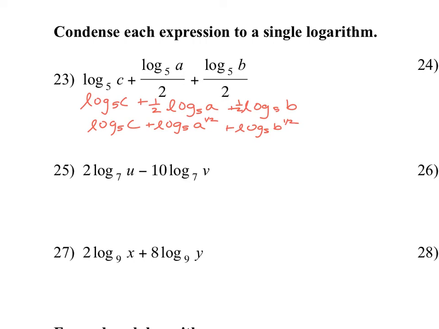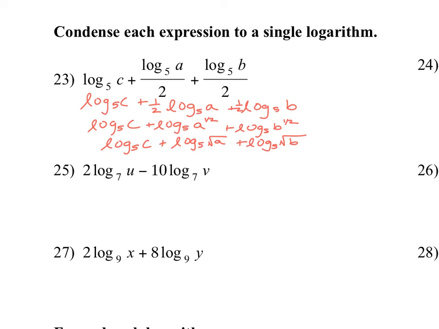So I now have A to the 1/2 and B to the 1/2. And I know that a power of 1/2 is the same thing as a square root. So that becomes log base 5 of the square root of A and log base 5 of the square root of B. And now I can see how I have addition here.